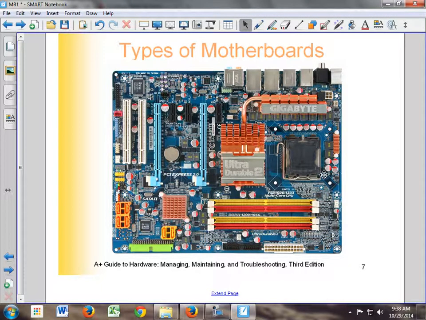Whereas with this one, you just see the CPU, and even if it's empty, you see the pins, whereas with this one, even if it's empty, you still see the bracket. To me, it's a very obvious difference between those two. This one would be an AMD, and this one would be an Intel.